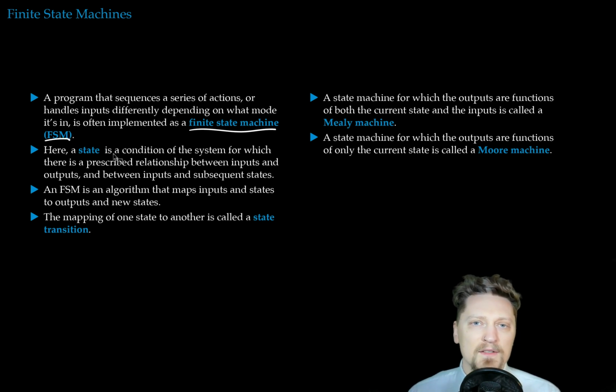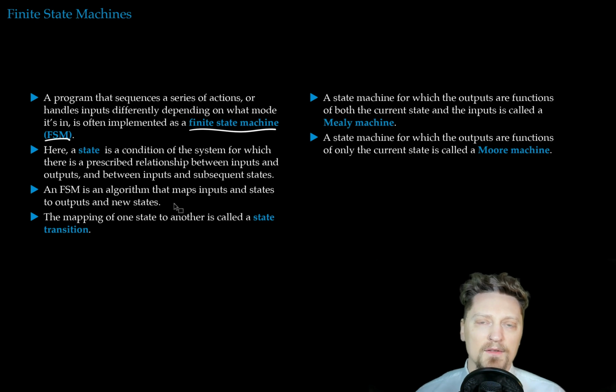Here, a state is a condition of the system for which there is a prescribed relationship between inputs and outputs, and between inputs and subsequent states. An FSM is an algorithm that maps inputs and states to outputs and new states. The mapping of one state to another is called a state transition.